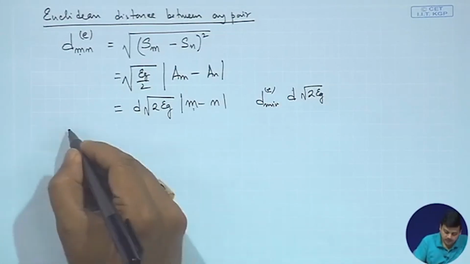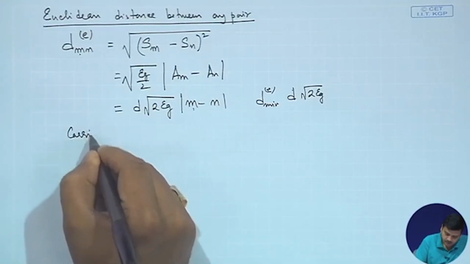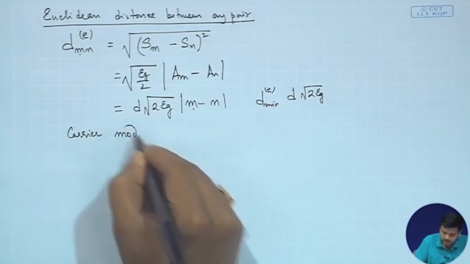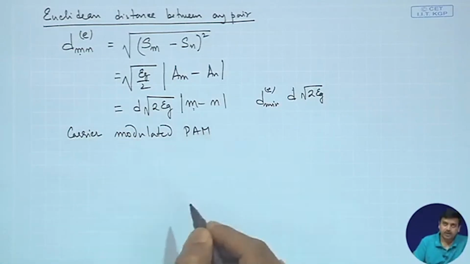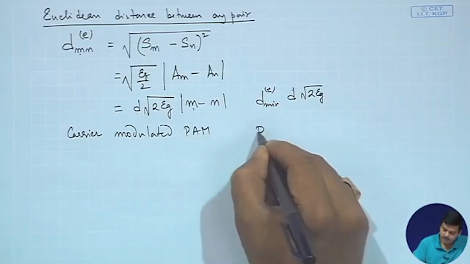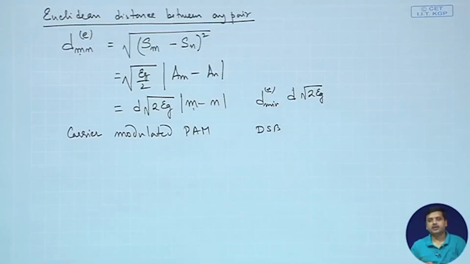Further, at this point I would also like to point out that the carrier modulated PAM that you have is basically a double sideband. That is very clear, because you have Am g(t) cos 2 pi fc t. So, if you look at the spectrum, it will be double sideband, right.